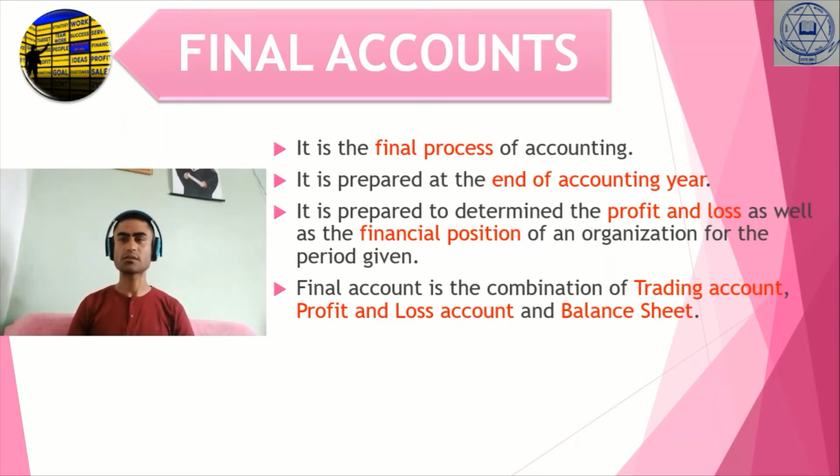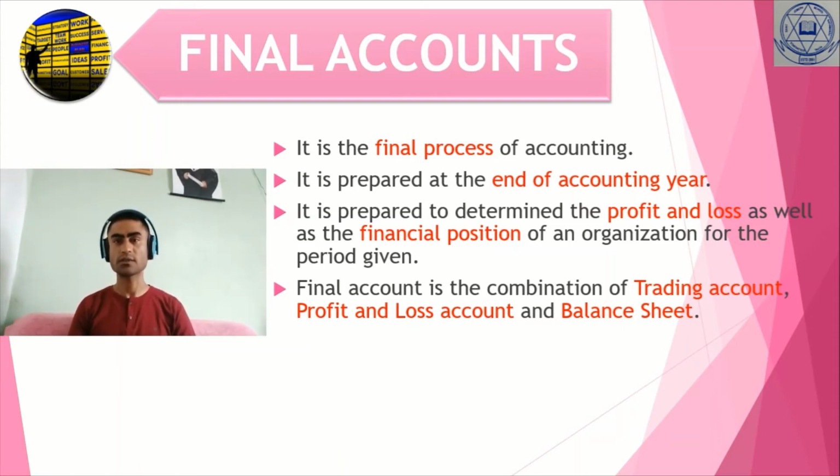So what is trading account, profit and loss account, and balance sheet? Let's discuss first. Trading account is the first stage of final account, where we record the direct income and direct expenses of a business organization. Profit and loss account is the second step of final account.